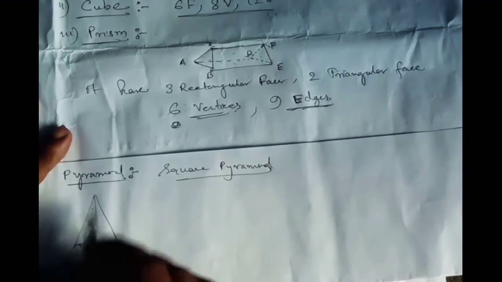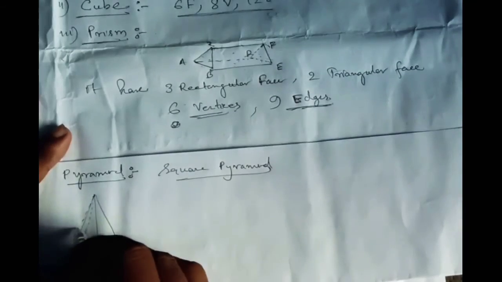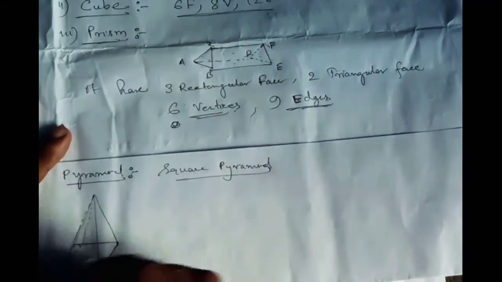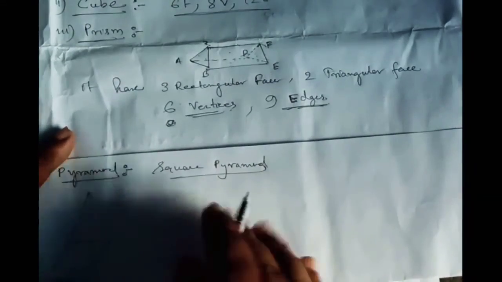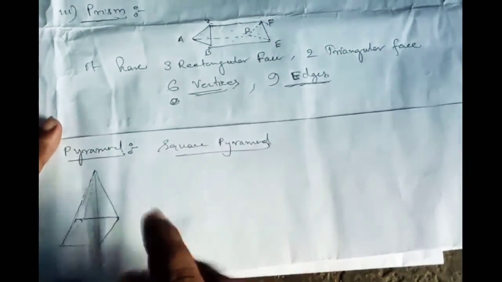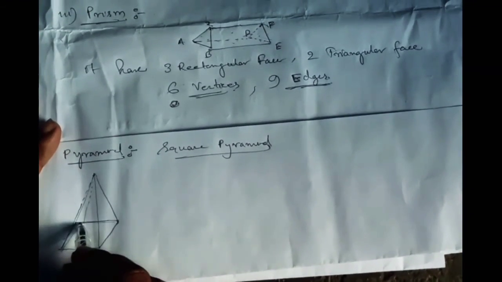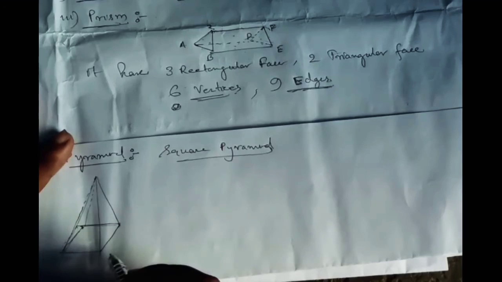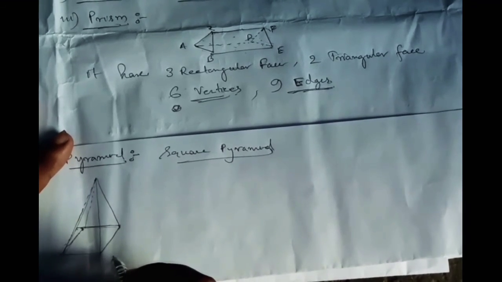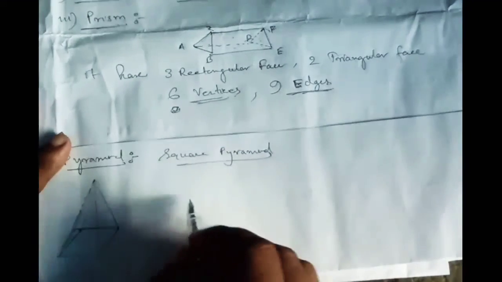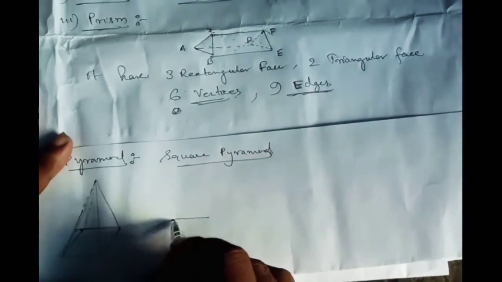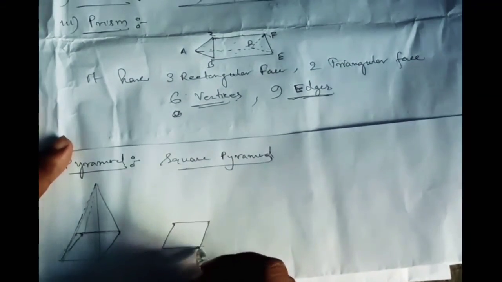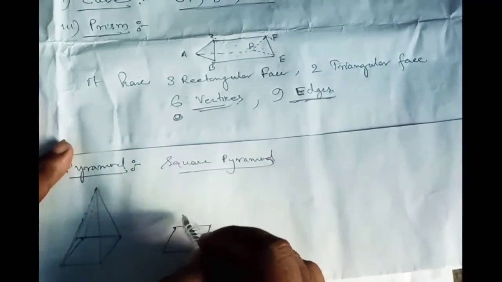Actually the figure is not proper. Hope you are able to understand it. This lower shape is a square. It is a solid whose base is a square. A pyramid whose base is a square.